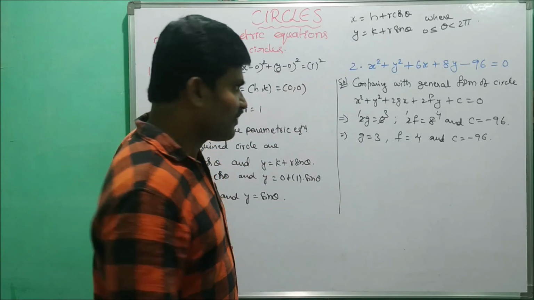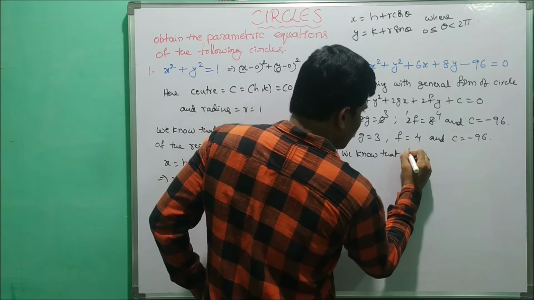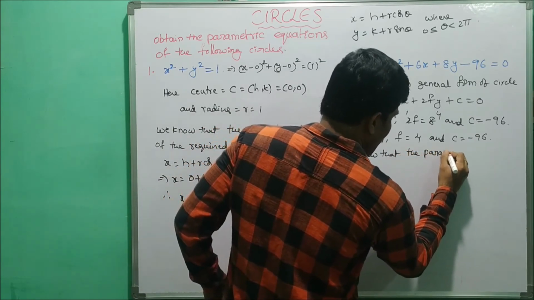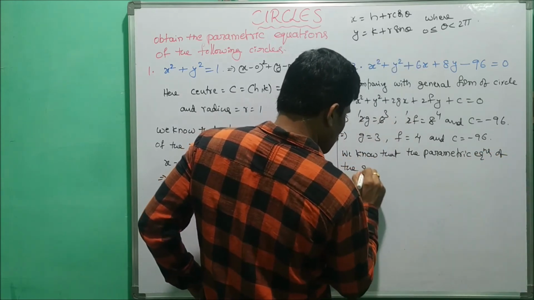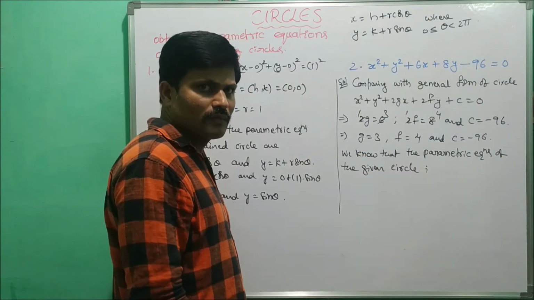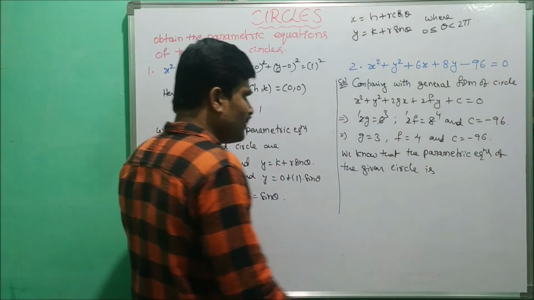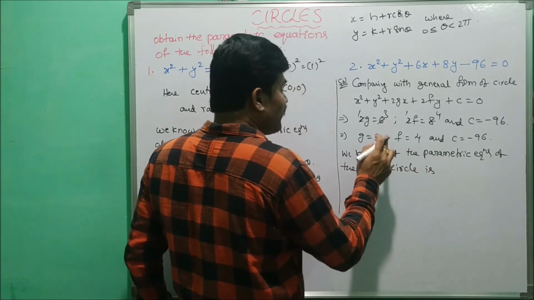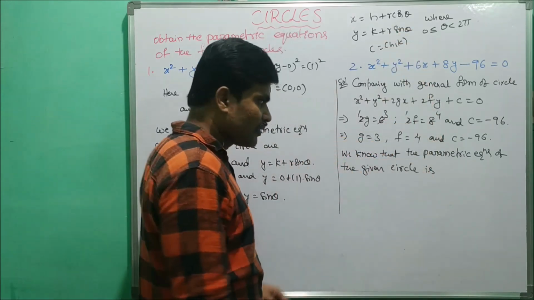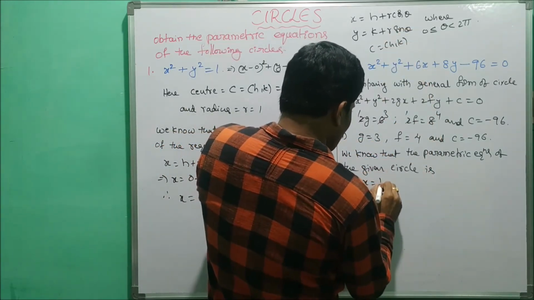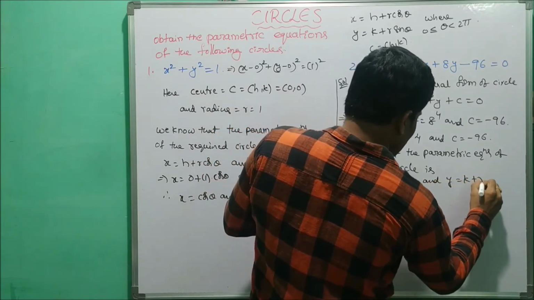Using the parametric equations, we know that the parametric equations of the given circle are, taking the center hk, x equal to h plus r cos theta and y equal to k plus r sin theta.